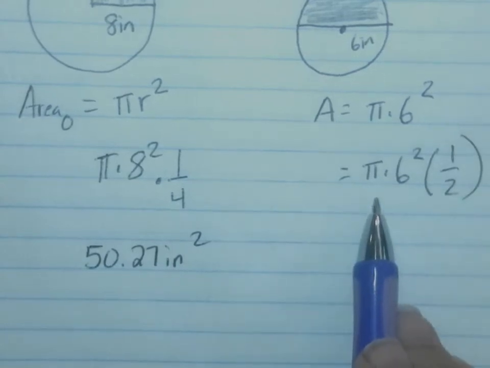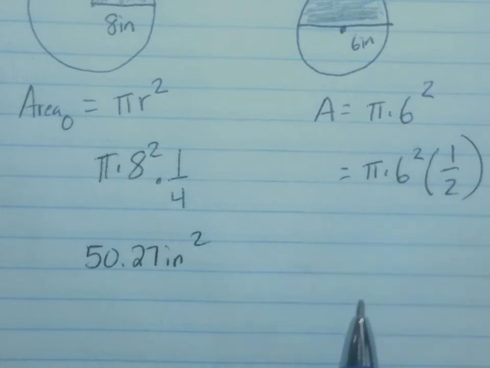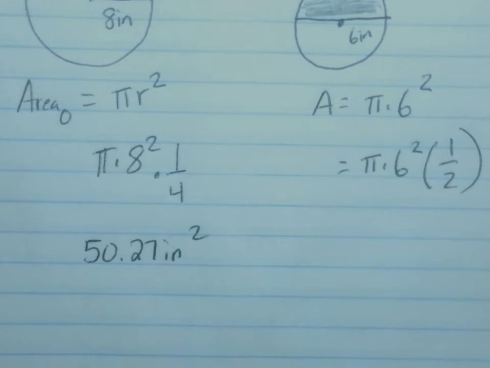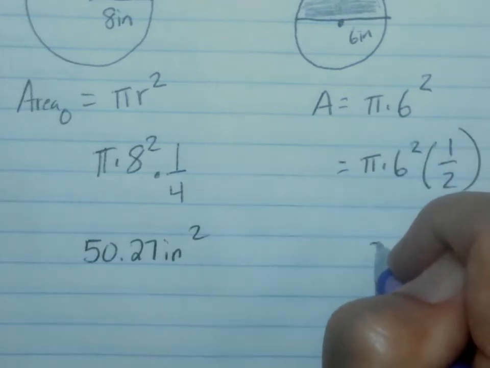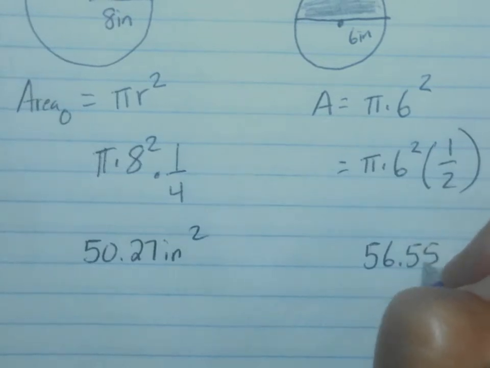So does it make sense that we would take the area of the whole circle and times it by a half to get the area of that sector? So that area comes out to be 56.55 square inches of pizza.